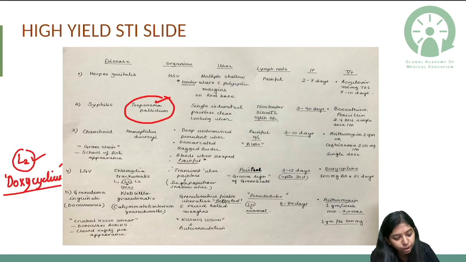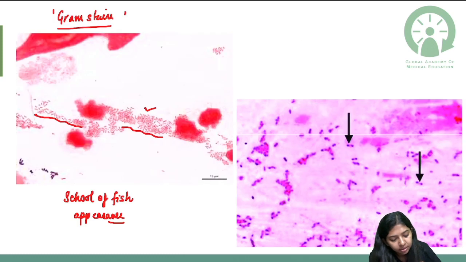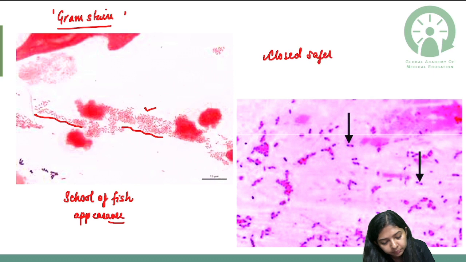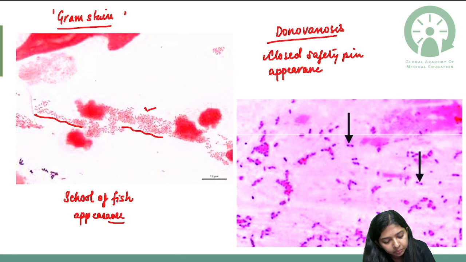And if you do a crushed tissue smear, what do you get? You get a closed safety pin appearance, because of bipolar condensation of chromatin.